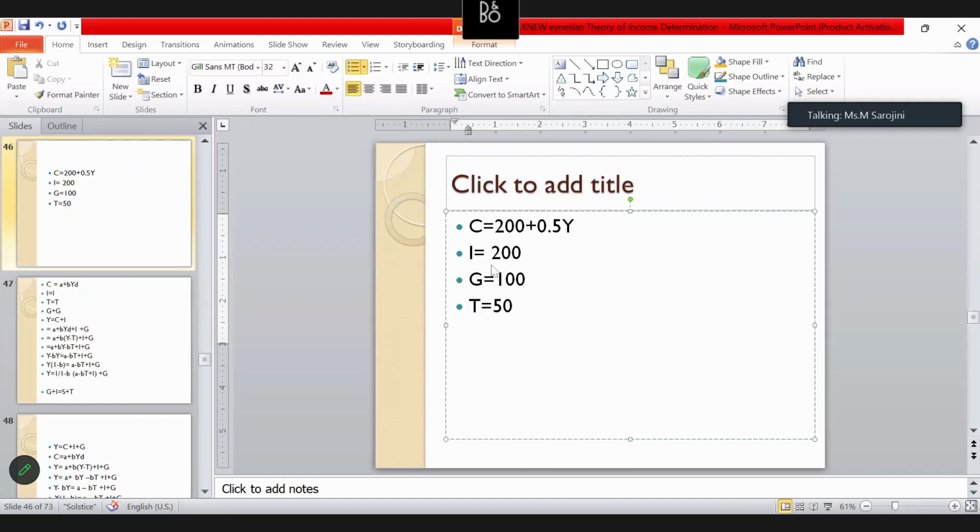Find the answer. Find the national income. Calculate the national income. I will ask you. You have to answer. I call the number, and you have to tell the answer.